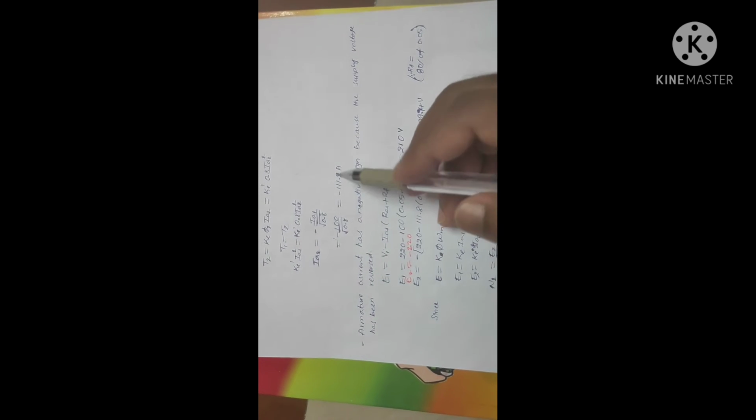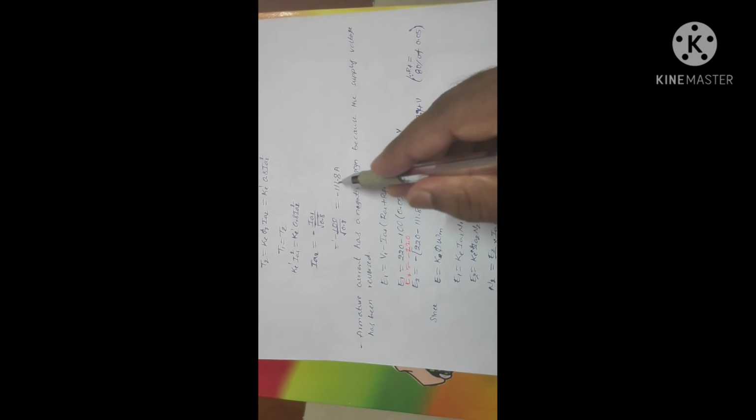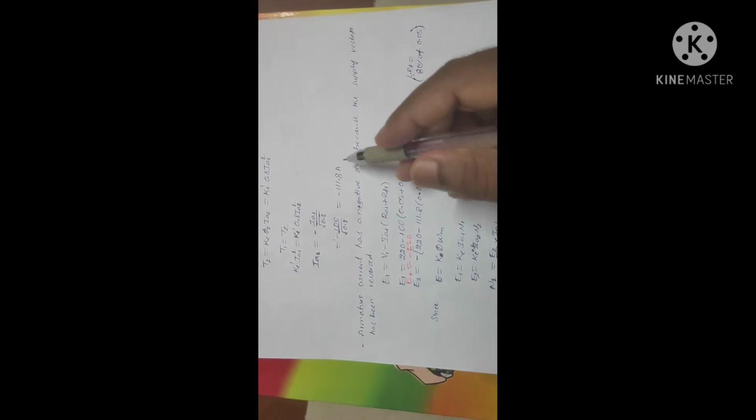Supply voltage is the same, but it is getting reversed, so minus 220 volts. And the new armature current Ia2 is equal to minus 111.8 amperes.